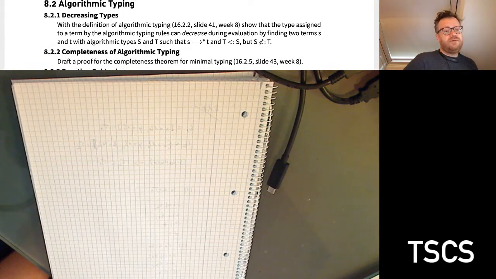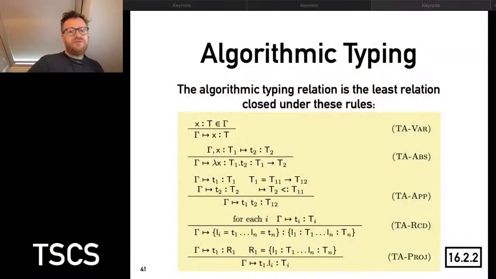Quickly move to slide 41. So this is the slide referenced if you do not know. The definition number you see down there in the bottom right corner, and it's slide 41 in week 7, not week 8. Gotta correct this.